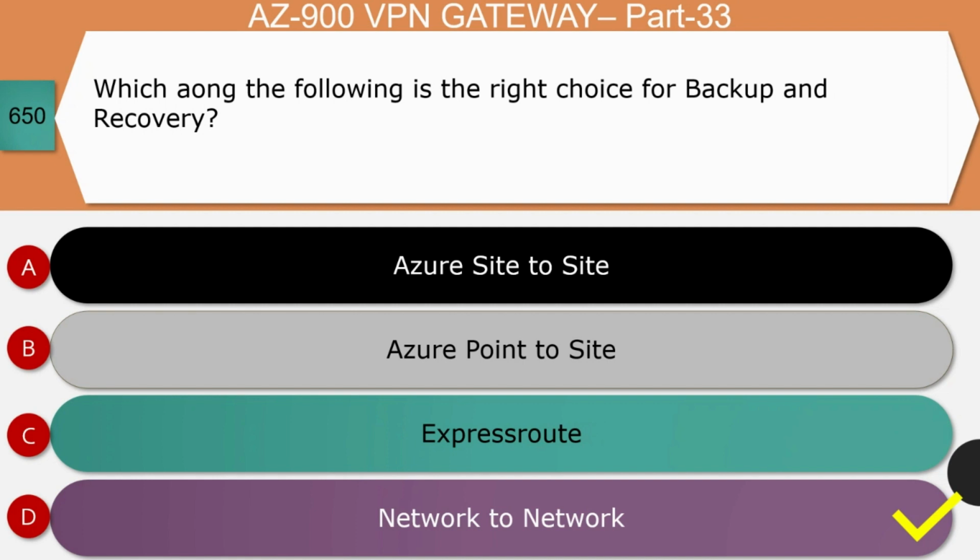And so based upon the type of question asked, you have to choose it. Here, it is a general question about backup and recovery. So network to network. If you come across a cloud service provider as part of your question, please go for the site to site option. And sometimes if it is a volume of data that needs to be transferred between on premises and the cloud, then the right choice would be option C.